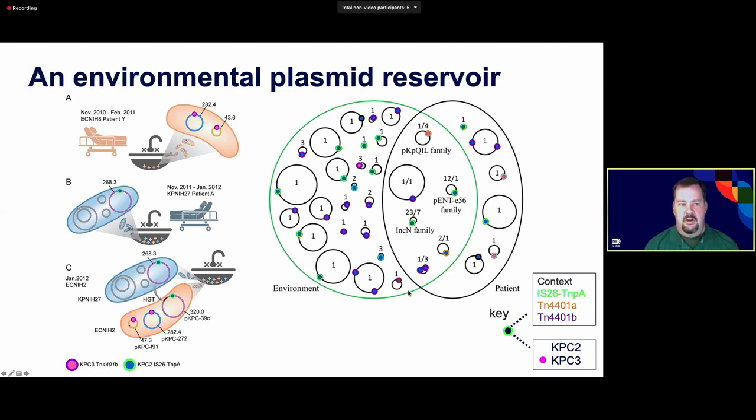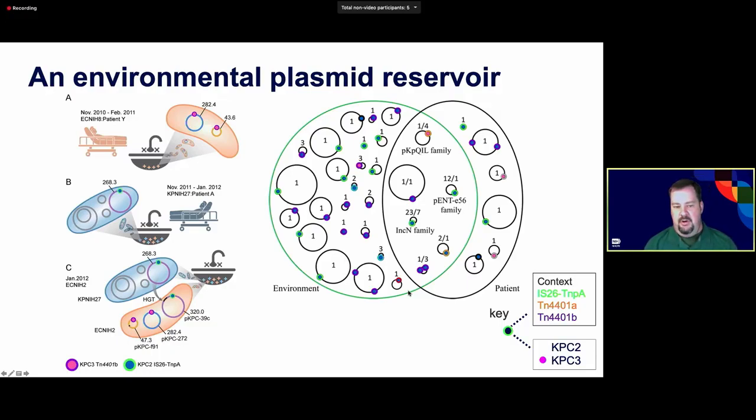The patient that was there in November of 2010 had a bacteria which resided in a sink, and it encountered a bacteria from a second patient who was there sometime later. They swapped plasmids, and in the end, what we observe is this combinatorial organism at the bottom that has plasmids from both organisms, from both patients.